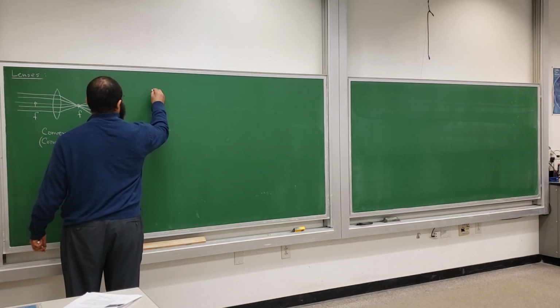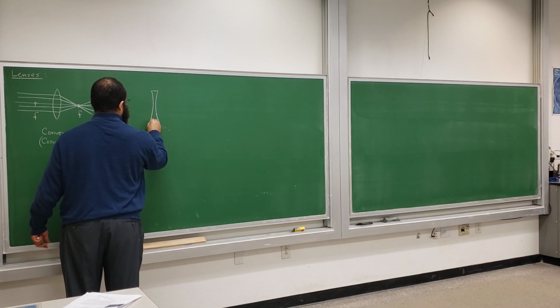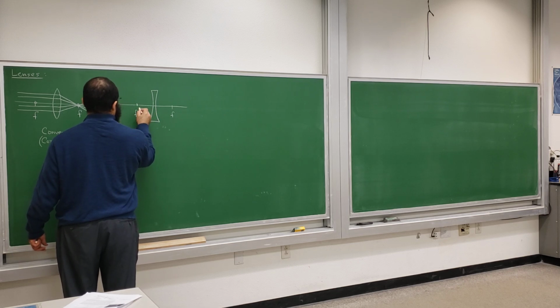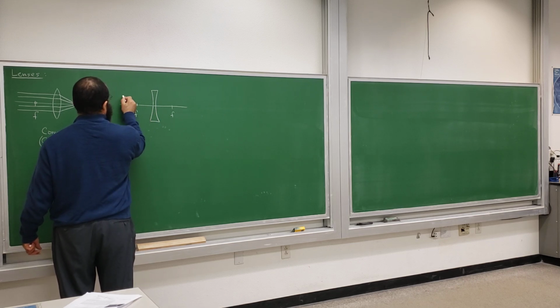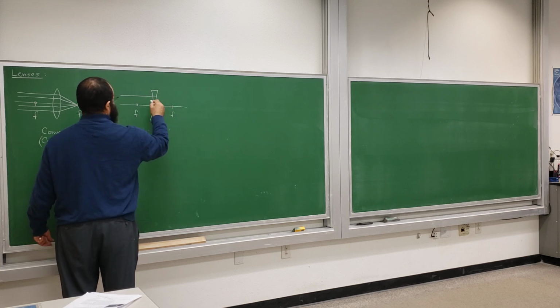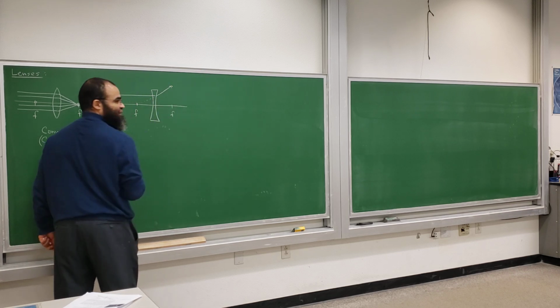For the diverging lens, here's F, here's F, and for that one we said if you send a ray that is parallel, it will get diverged in this direction.